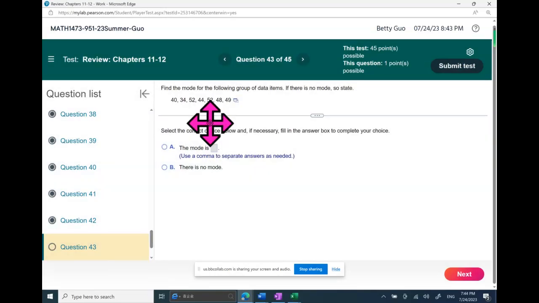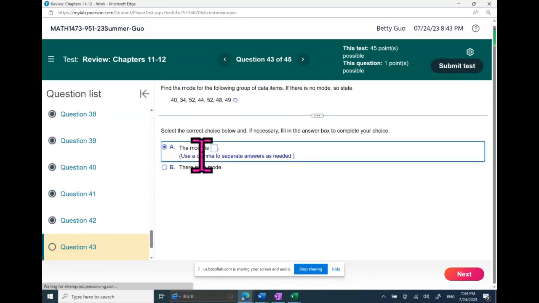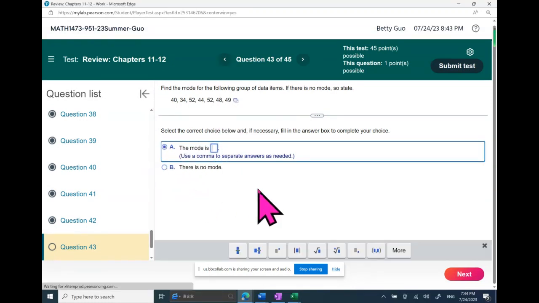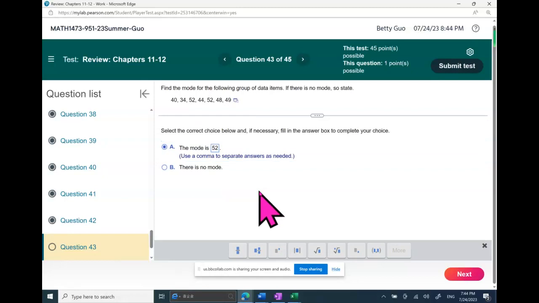Oh no, 52. My gosh. 52 has a frequency of 2. Okay. The mode is not 2, it's 52. There's only one mode. Double check. 52 and 34, 40, 44, 40. Yeah. 52 is the only mode. The frequency is 2. It's bigger than all other items. The mode is 52.